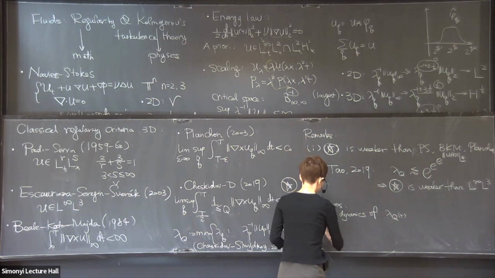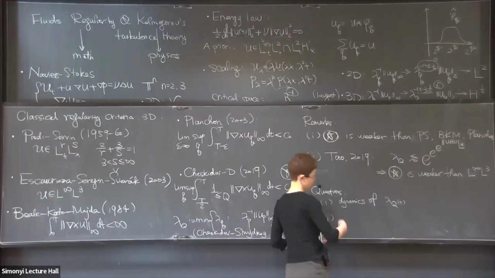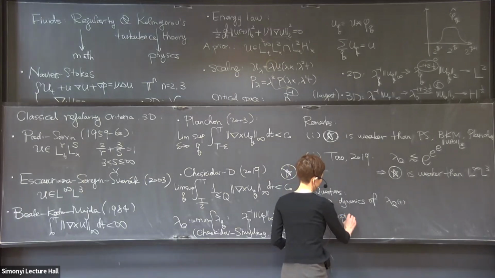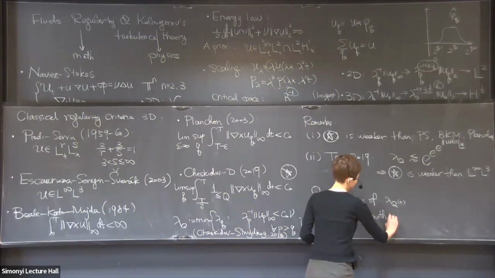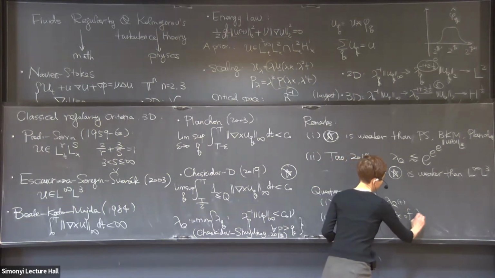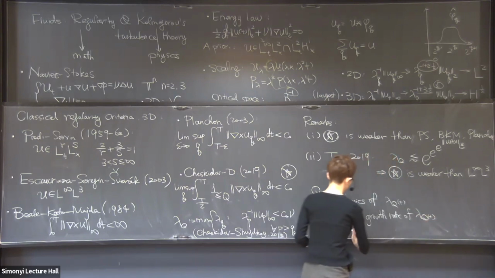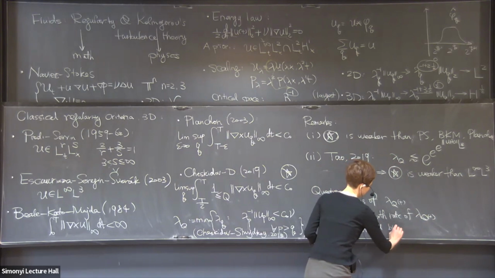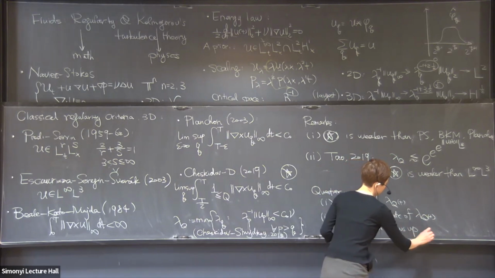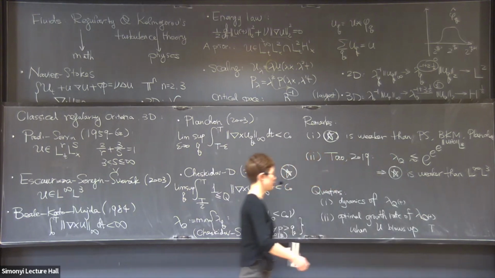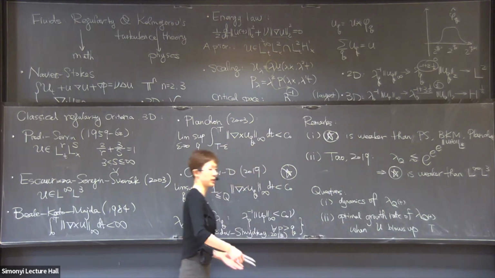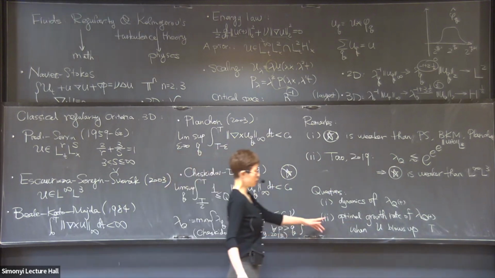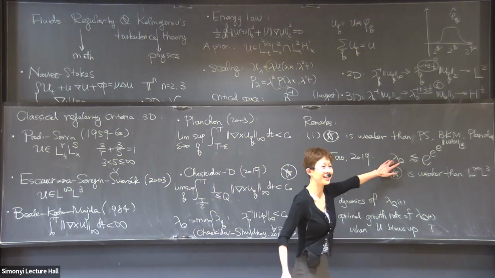So we would like to know the optimal or sharp growth rate of the wave number when the solution blows up. Near that time t, what's the sharp growth rate? And of course, those questions are not easy, as you can see from here.